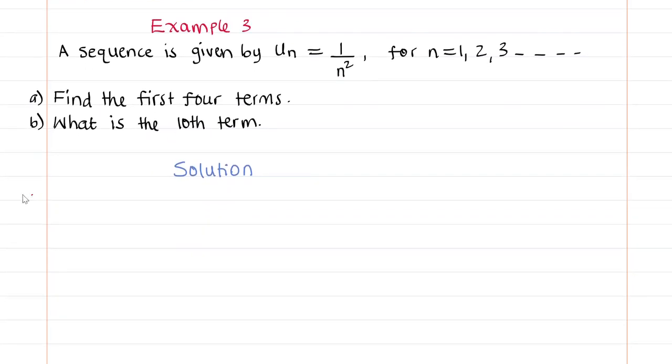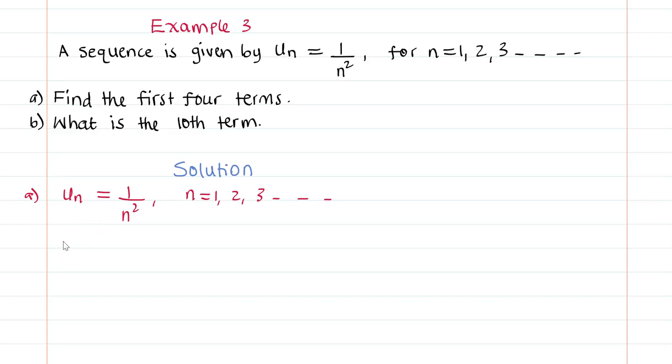to A, that is the first 4 terms, we are given the formula un as 1 out of n squared. And n can be 1, 2, 3, depending on the number at a given position that you are looking for.